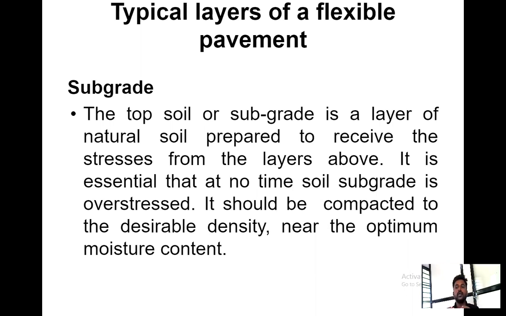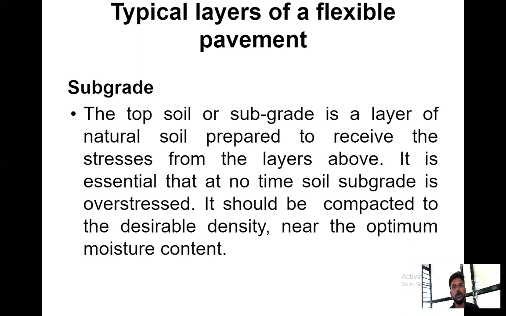So the subgrade layer is prepared to bear the stresses transmitted from the layers above. It is essential that at no time the soil subgrade is overstressed. It is very important. There should not be any overstress condition on that soil.